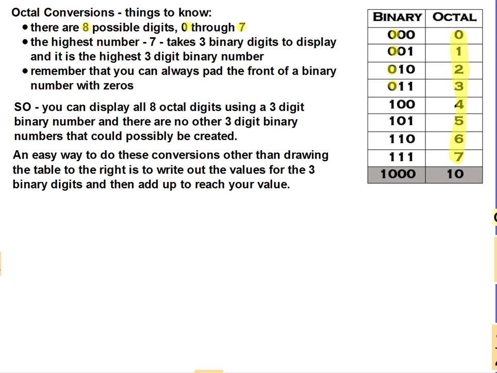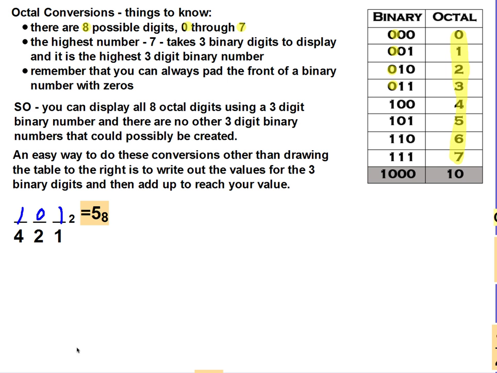I can also draw out and remember that if I have a 3-digit binary, that first digit, the least significant bit, represents 1. My next significant bit represents 2. The next significant bit represents 4. So I can just draw out 1, 2, 4, and then figure out what I need. If I do 4 plus 1, that would give me 5. So I don't need a 2-bit.